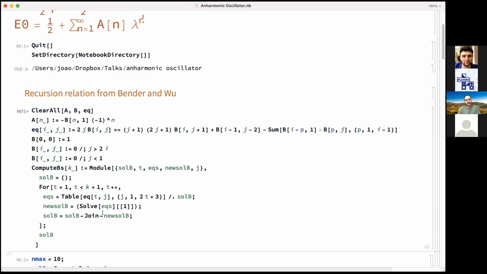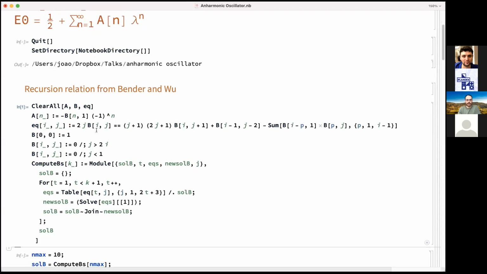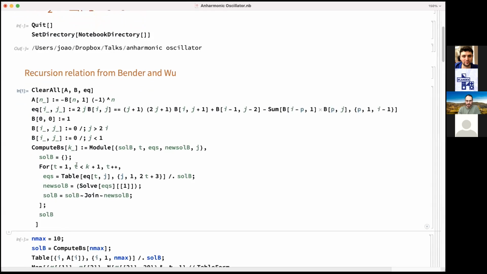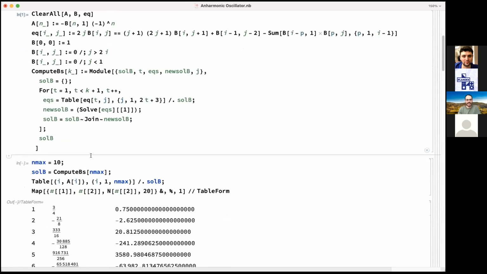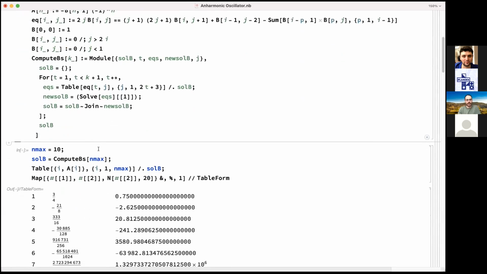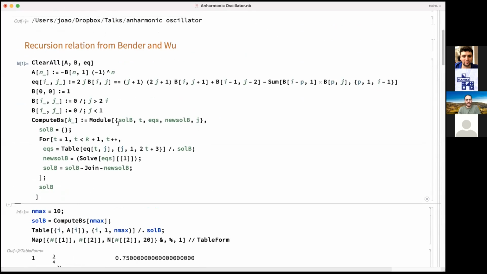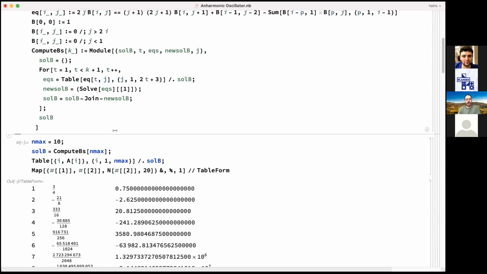And I'm pretty sure you can do better, because my collaborators often say that my programming style is agricultural programming. So I'm not the sharpest programmer. I'm sure you can do this better and faster. But I just wanted to show you that with this recursion relation that Bender and Wu came up with, you can just, like, I'm running this in real time.